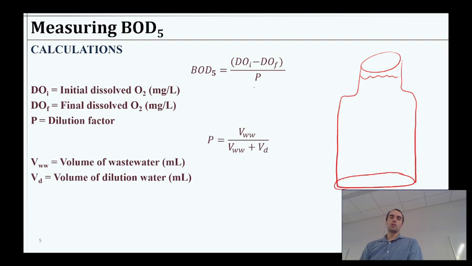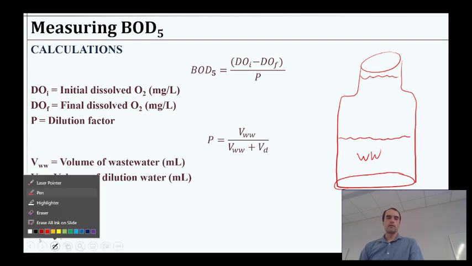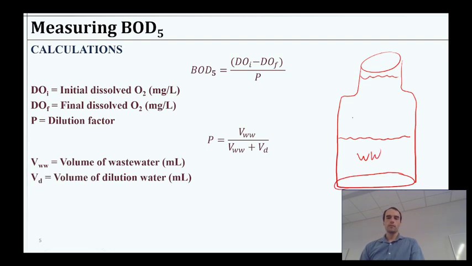If we have a dilution, which is very, very common, we have a dilution factor. So if half of it was wastewater, then we assume that there's nothing demanding oxygen in our dilution water. Let's say this is our wastewater, and then we have some sort of dilution water, right? Should be pretty clean.